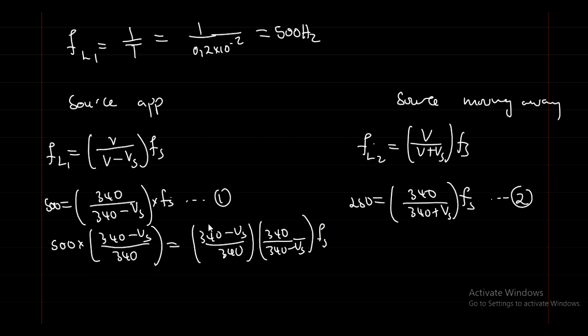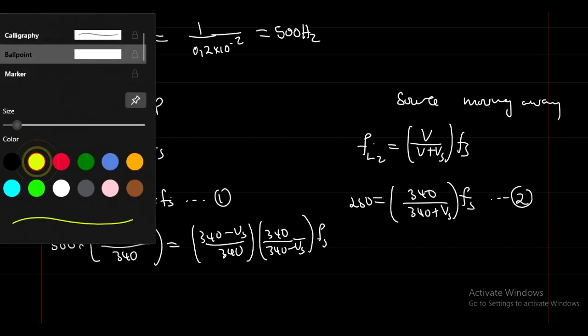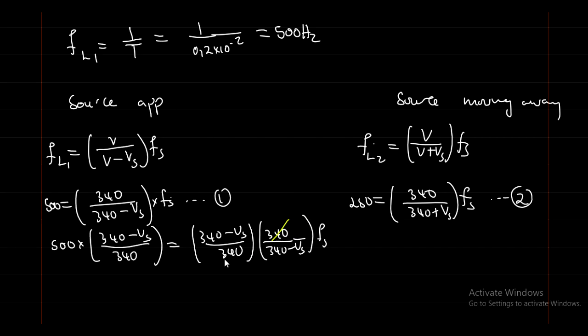What we do on the left hand side, we do on the right hand side. 340 cancels 340, 340 minus Vs cancels 340 minus Vs. So on the right, I'm left with Fs.